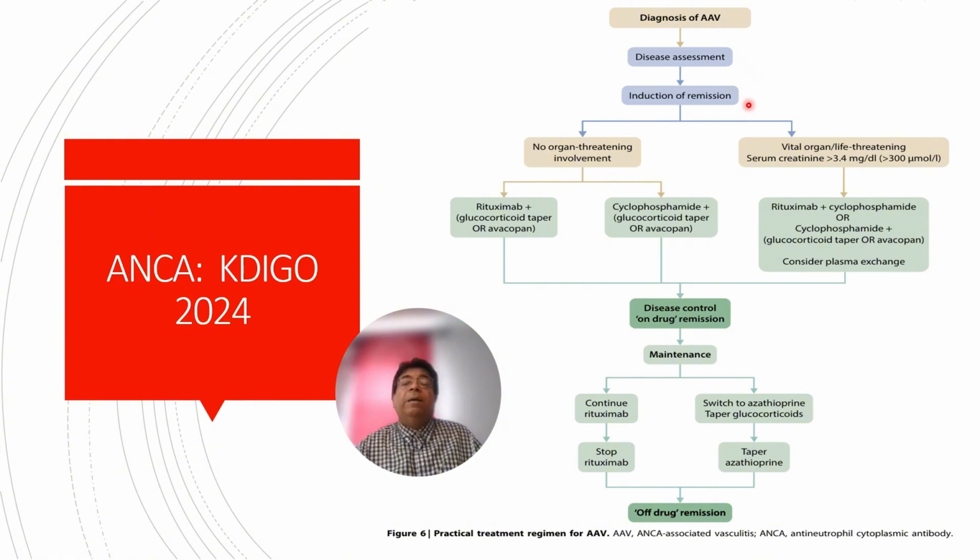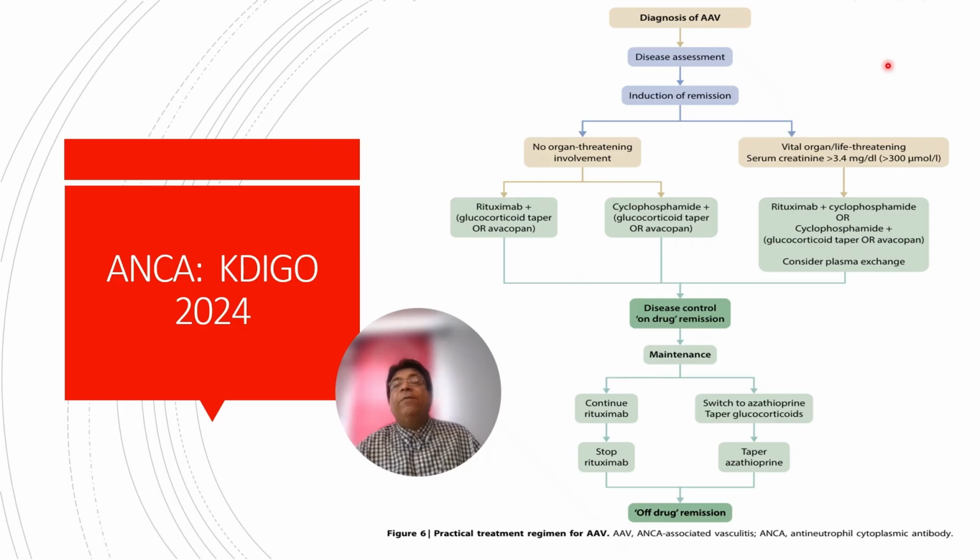So if you don't have organ-threatening involvement, then you can use rituximab plus glucocorticoid taper or avacopan, or Cytoxan plus glucocorticoid taper or avacopan.